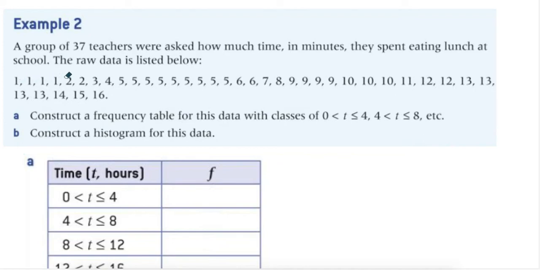Okay, now although this is also whole numbers, a group of 37 teachers were asked how much time in minutes they spent eating lunch at school. Okay, well, time in minutes is not like marks in a test. You can only have discrete values for marks in a test because you can either have 1 or 2 or 3.